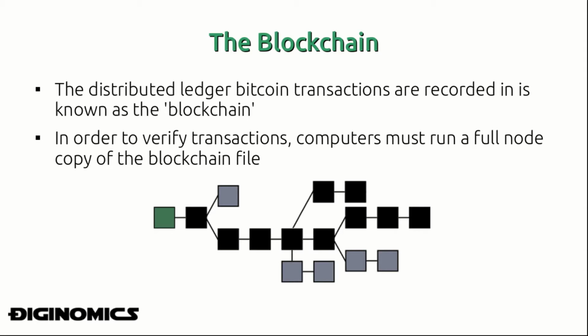In order to verify these transactions, computers are said to run a full node, a machine which houses a full copy of all these transactions, updated in real time and synchronized with the Bitcoin network. If you look at the diagram at the bottom, you'll see a proof of work chain, something we'll get into shortly, of the blockchain protocol.